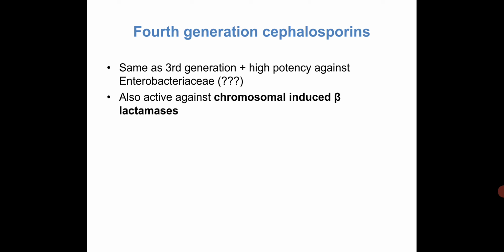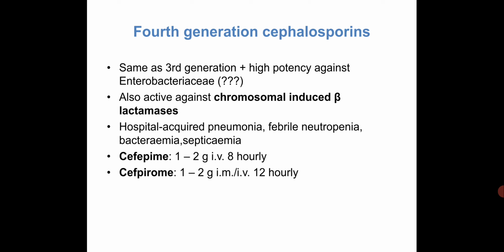Some gram negative Enterobacteriaceae, like Klebsiella, Pseudomonas, Salmonella and Shigella, induce chromosomal beta lactamase. Third generation cephalosporins do not act on these, but fourth generation cephalosporins are active against this beta lactamase. So it increases the spectrum, and they are cefepime and cefpirome.